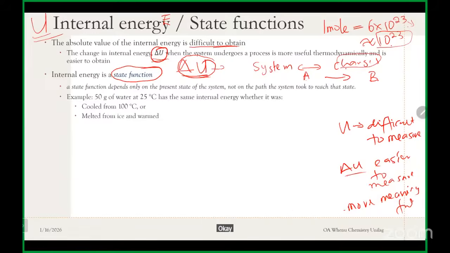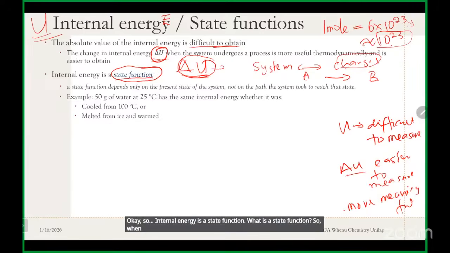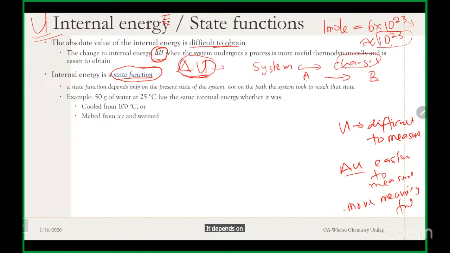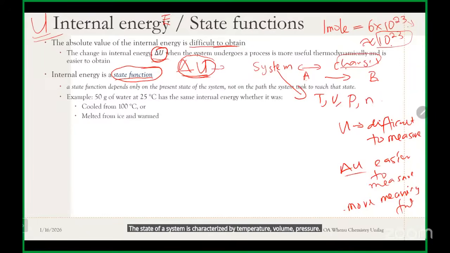Okay. So internal energy is a state function. What is a state function? When you say the internal energy is a state function, it simply means that it depends on the state you are in. The state of a system is characterized by temperature, volume, pressure, number of particles, the entropy, and so on and so forth.